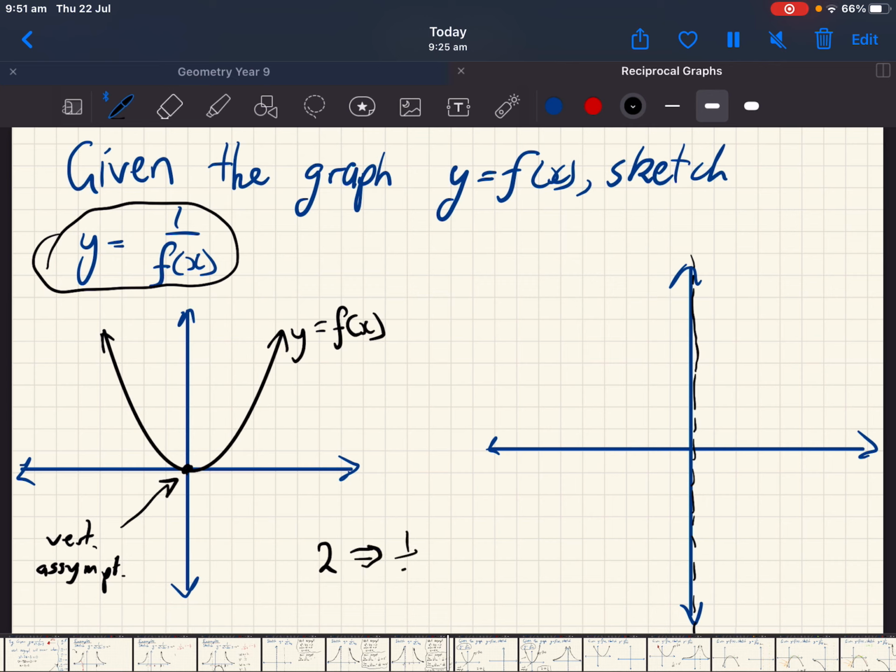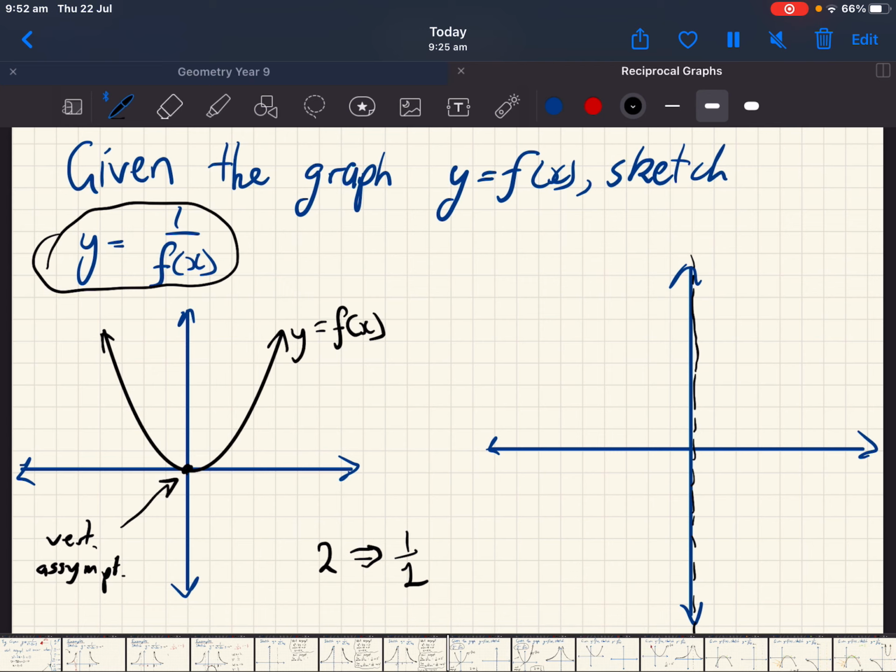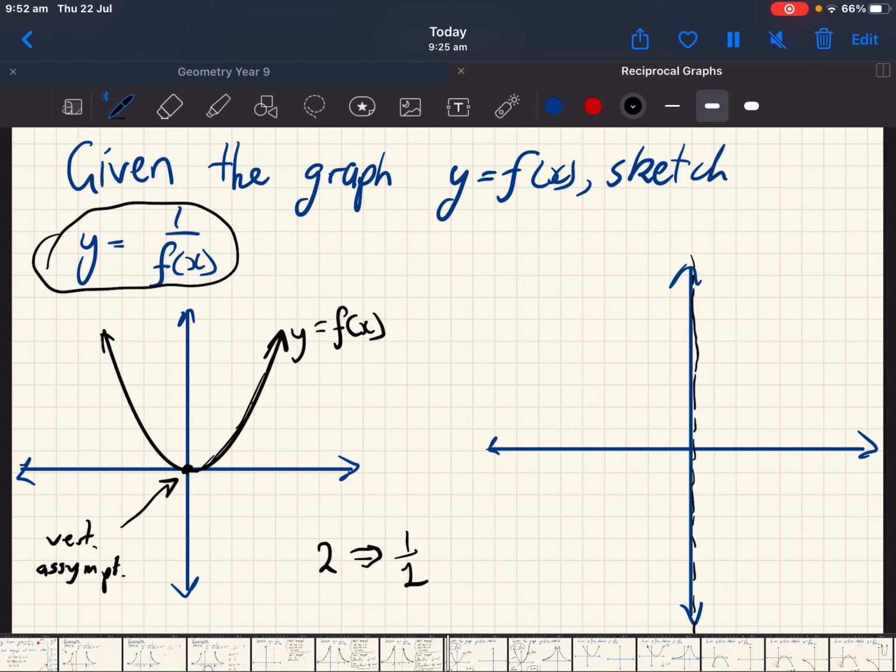This is another key concept with reciprocals. When you're finding the reciprocal of something, if something was originally a positive value, the reciprocal of it will also be positive. If you find the reciprocal of positive 2, it'll be a positive a half. So when you look at the positive region of f of x, the reciprocal will also be positive values.